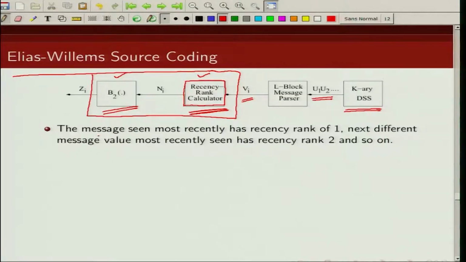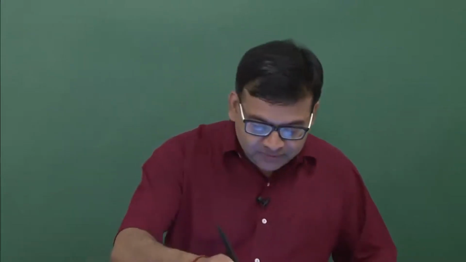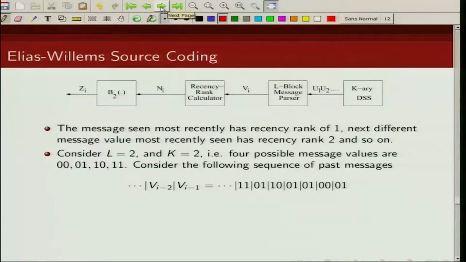So the message that is seen most recently has recency rank of 1, then the next different message most recently seen has recency rank 2, and so on. So recency rank is essentially an indication of how far back in the past you have encountered that particular sequence. So let us consider a very simple example.